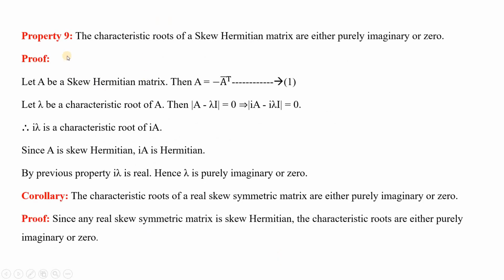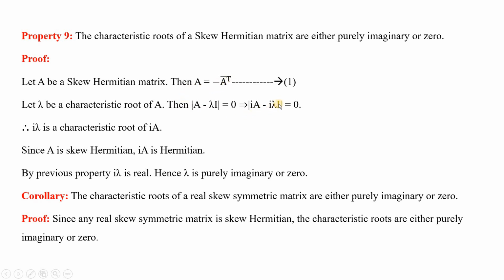In property 9, the characteristic roots of a skew Hermitian matrix are purely imaginary or 0. So lambda is a characteristic root of A means determinant of A minus lambda I equals 0. So determinant of iA minus i lambda I equals 0. Since A is a skew Hermitian matrix, A equals minus A bar transpose.